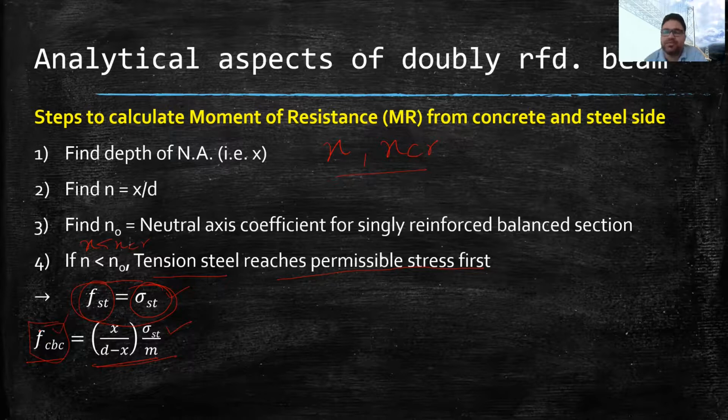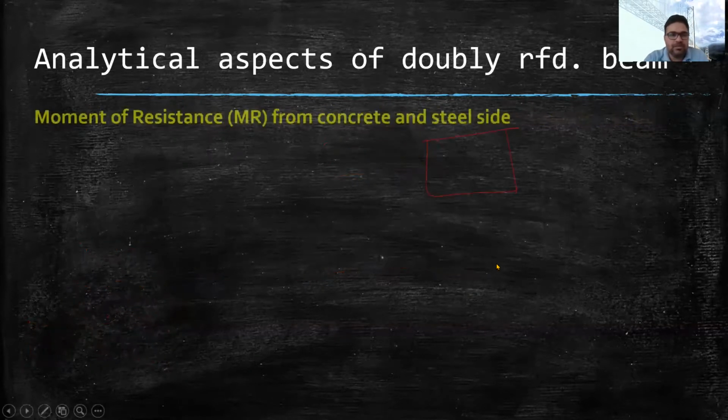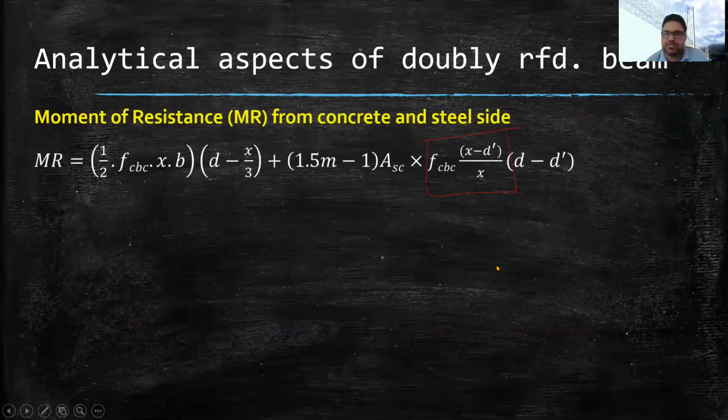So in case of a singly reinforced beam, we used to calculate the moment of resistance from the steel side. In case of a doubly reinforced beam, we will use the FCBC value or sigma CBC value for every case, whether it is an under reinforced section, a balanced section, or an over reinforced section. So this time, if the section is under reinforced, then you may be aware of this formula also.